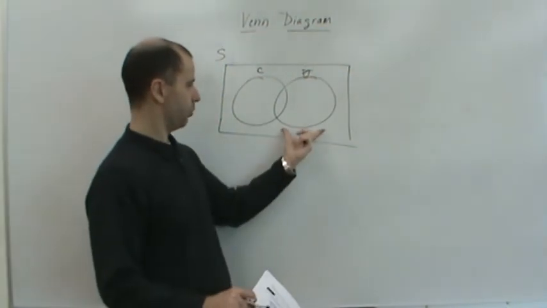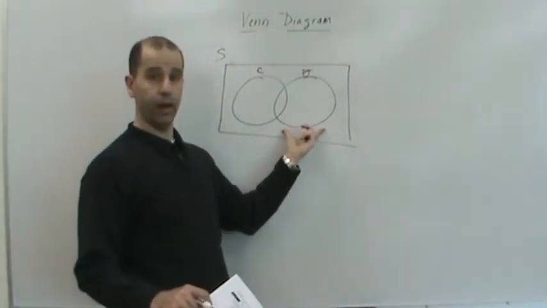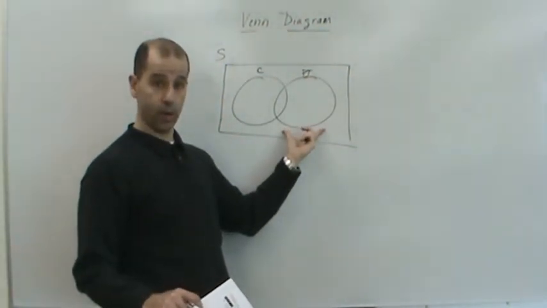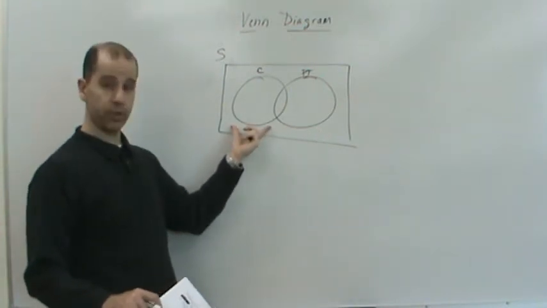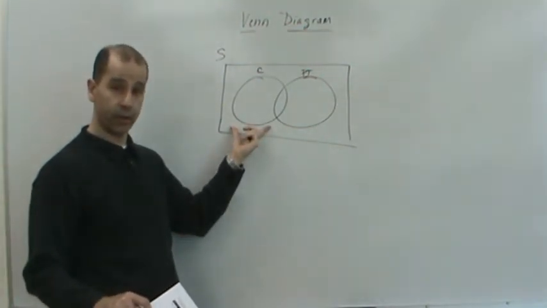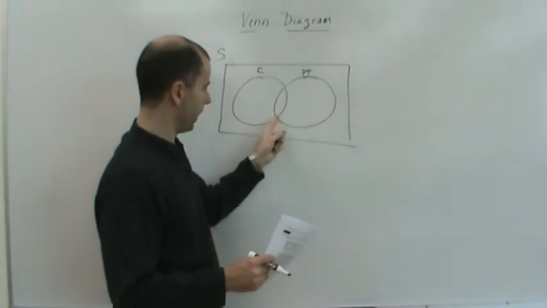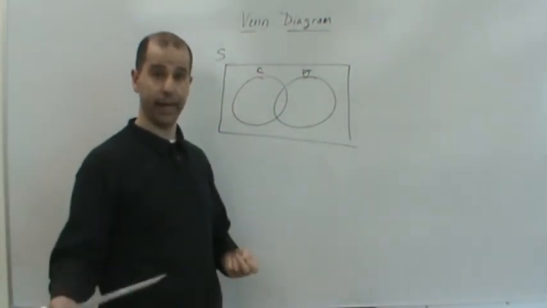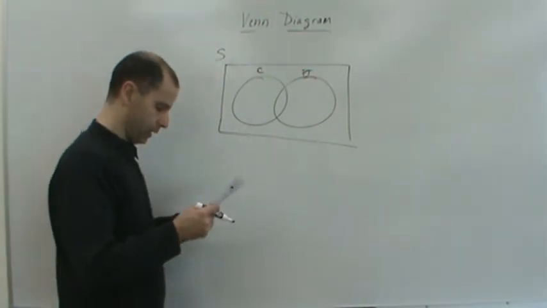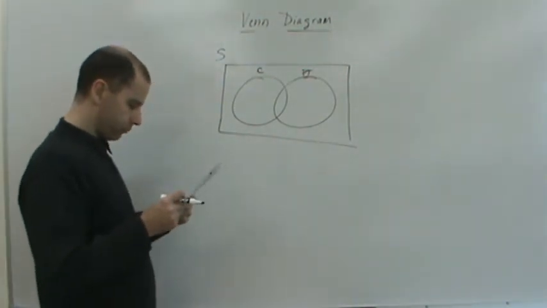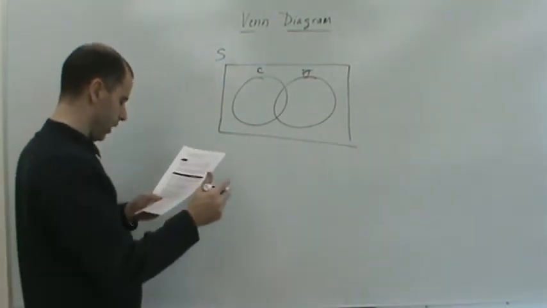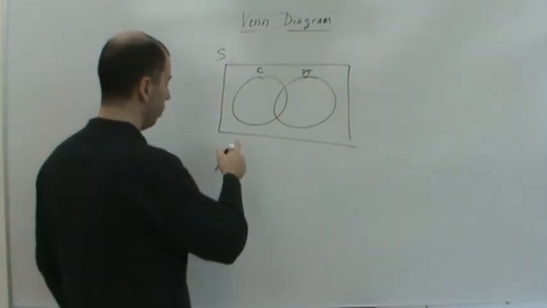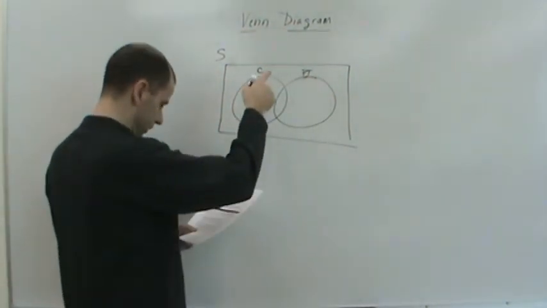So this circle represents all of the students who work part-time. This circle represents all of the students who are part of the club. Okay, and then of course the overlap is all the students who both are part of the club and work part-time. Okay. So now, how do we display this? Well, we know that, what is it?